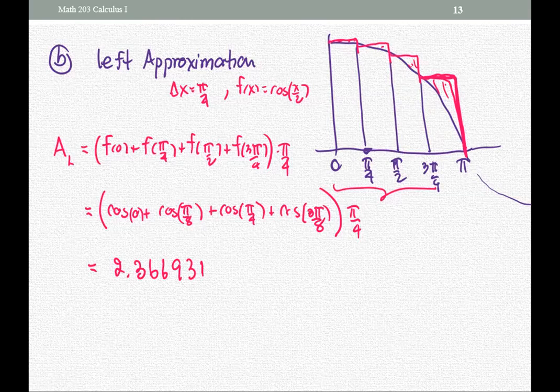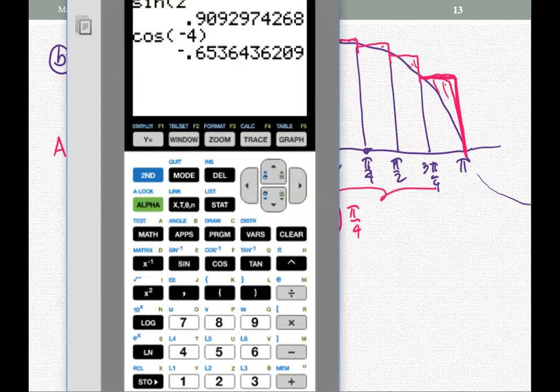Any questions for part B? You guys still working on the computation? Do you have any problem getting the same number? So my calculator comes up.